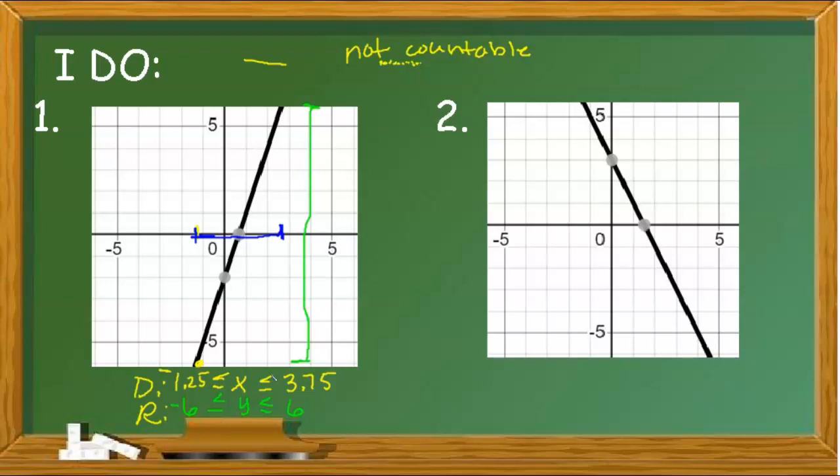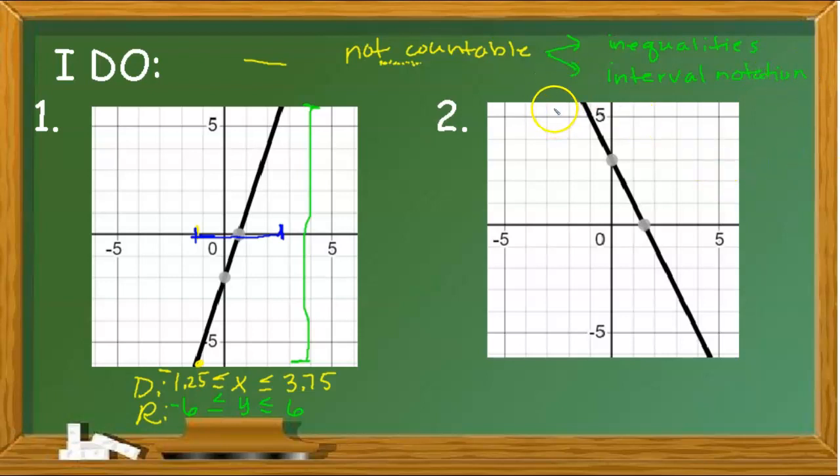So when I do domain and range for continuous functions, I need to do a couple of different things. One is I could write them as inequalities, and the other is that we could write them in what we call interval notation. And for some of you guys, I've already showed you that, and we will definitely do more of that.